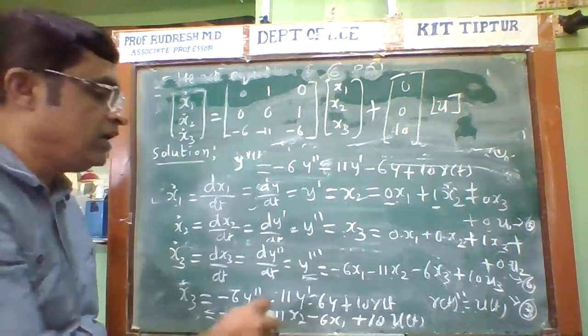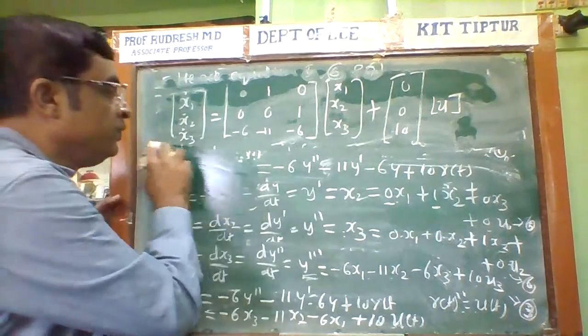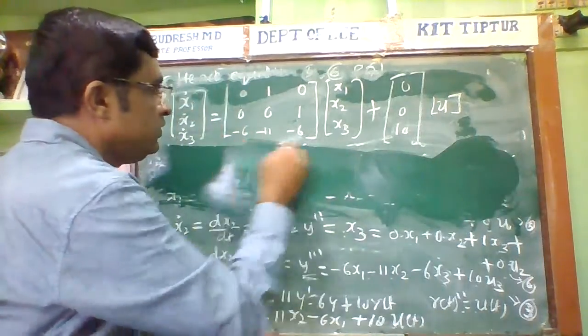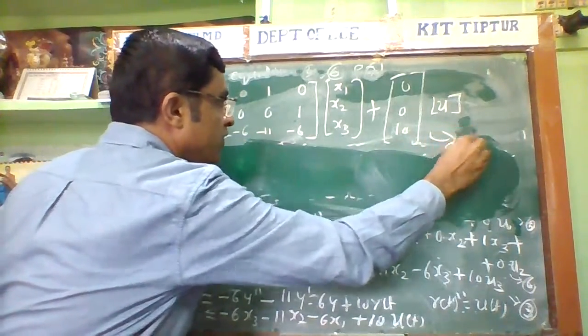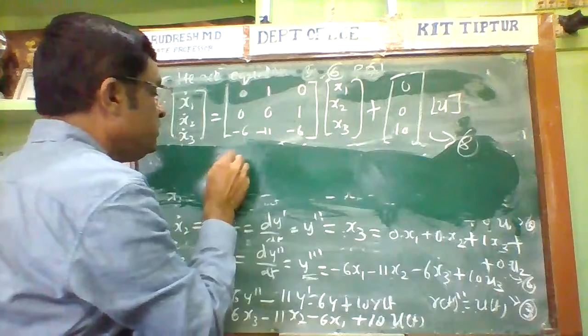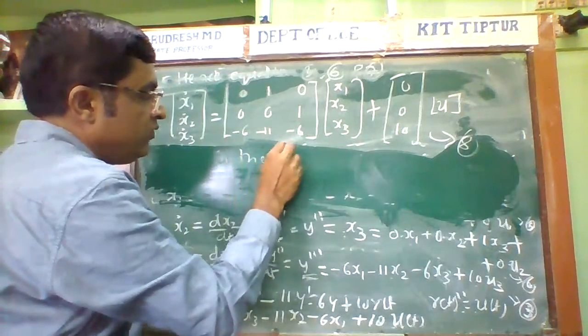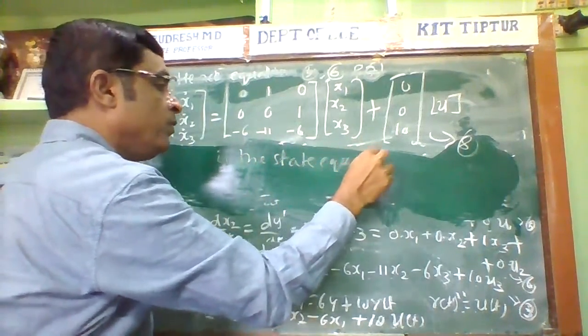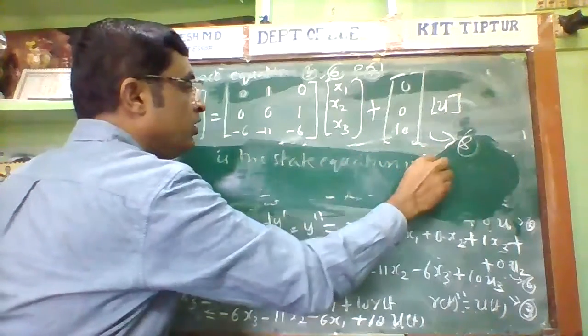Now this is the state equation in matrix form. This is equation 8, the state equation in matrix form.